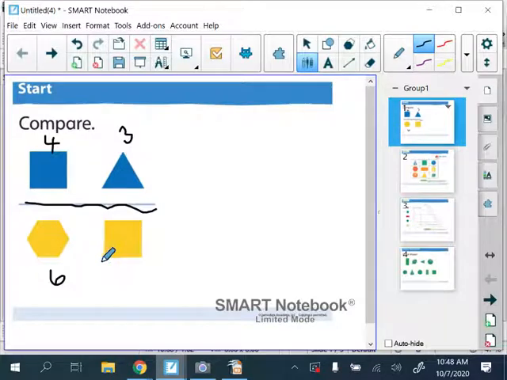It's a square, and remember, a square has 4 sides. So tell someone near you, what shape has a greater number of sides? The hexagon has a greater number of sides because 6 is greater than 4.